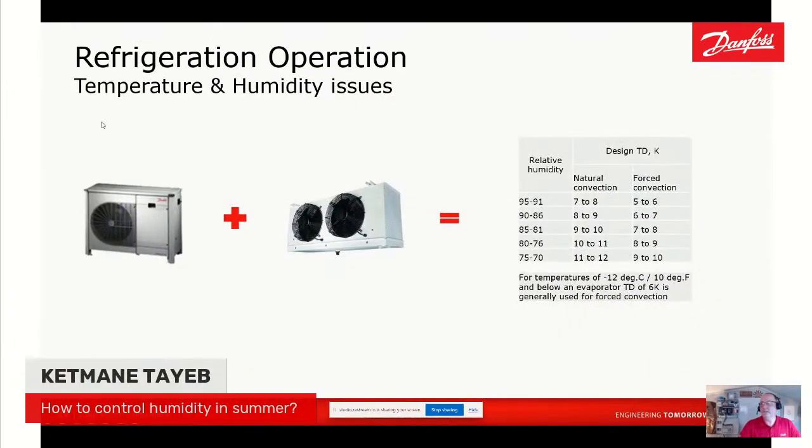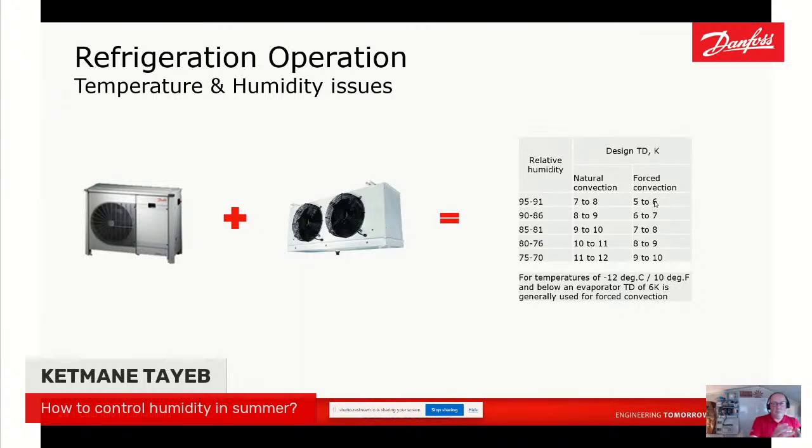If we put the slide deck back up a second, basically what this slide shows is that the temperature and the humidity in a cold room is a function of the capacity match between our condensing unit and our evaporator, and the TD that we have on that evaporator. So if we want a fairly high humidity, we have a fairly low TD on the coil.